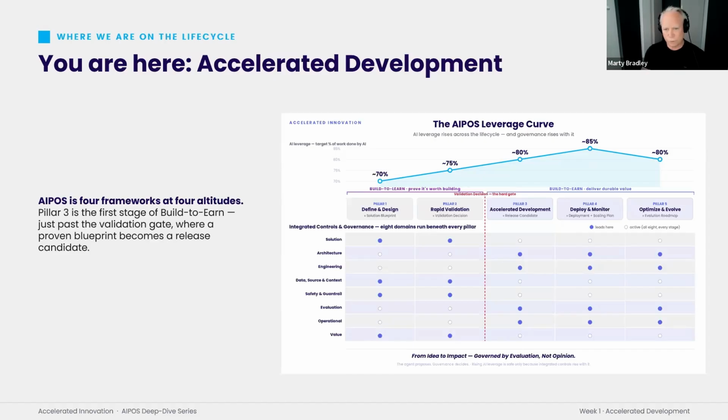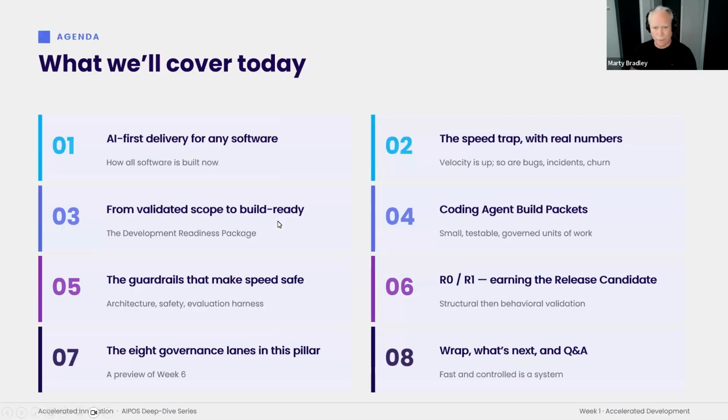So as we go through each of these pillars, I will talk about that. And this is our estimate here of what percentage AI could do in each of these pillars, right? And as I go through each of the pillars through the next set of webinars, I'll explain why I think 70% or 80%. So today's case, we'll be talking about why I think we can get to 80% with development, right?